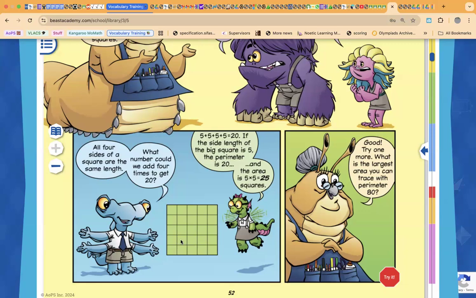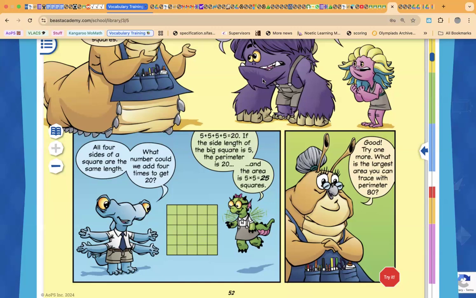Neil, 40 and 2. When will we get the largest area, Neil? Only when it is a square, right? So what should we do?